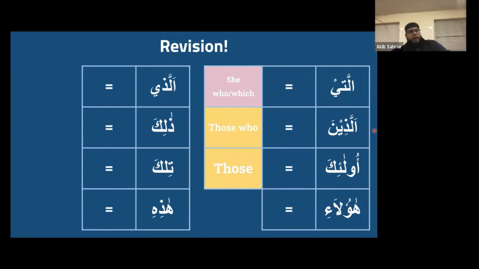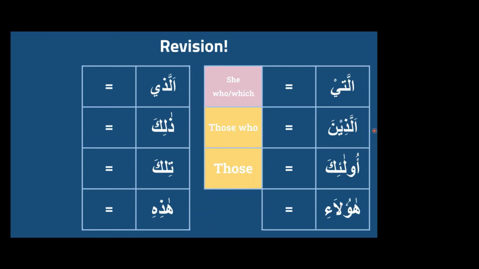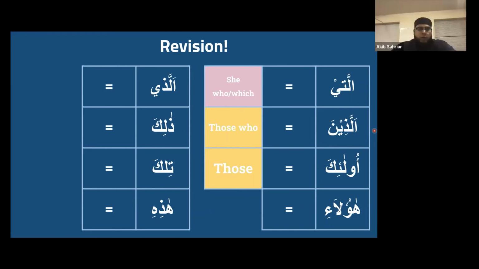So over here, it might be kind of confusing. Alladhina means those who, and ulaika also means those, right? The difference is that they are two different pronouns. Alladhina was a relative pronoun, which refers back to the noun, and ulaika was a demonstrative pronoun that refers to a specific group of people, but the noun before ulaika doesn't necessarily have to be mentioned.